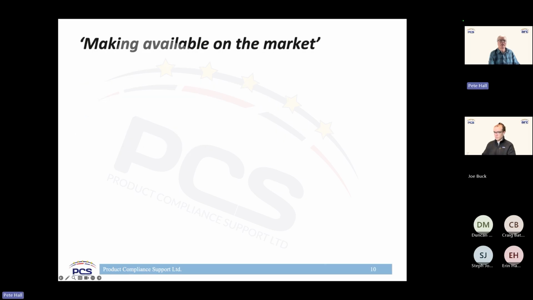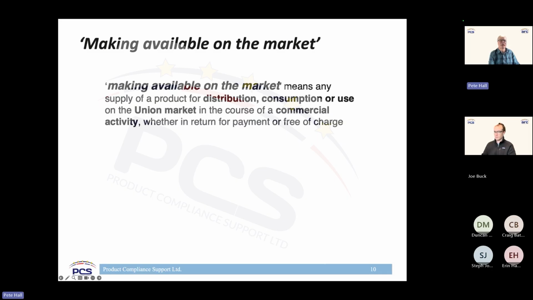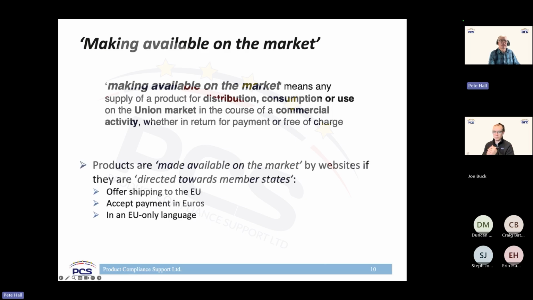So products that may or may not be made available on the market. This is about overseas manufacturers, when they try and prosecute them, pretending that they didn't intend to sell to the EU. And so the judgment about that is if you supply the product for distribution, consumption or use on the European Union market in the course of a commercial activity, then you are making it available, and you must comply with the GPSR.